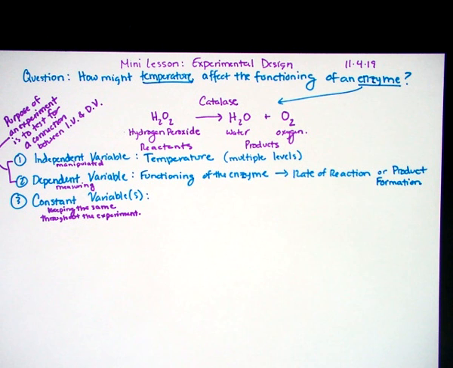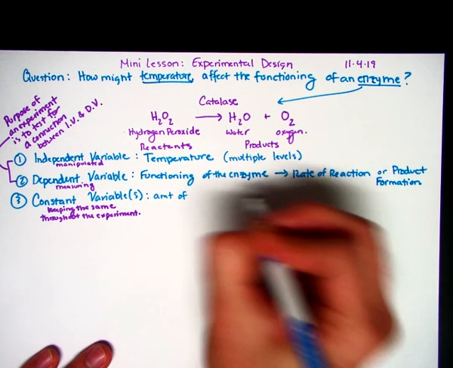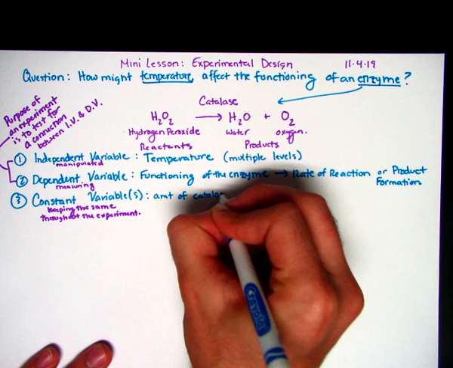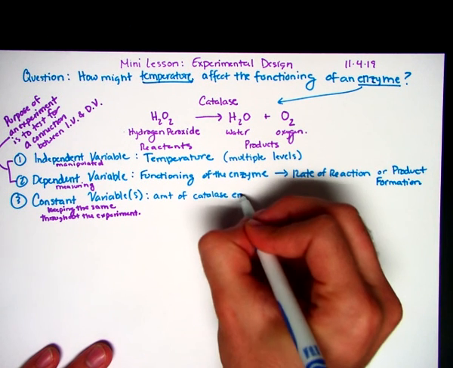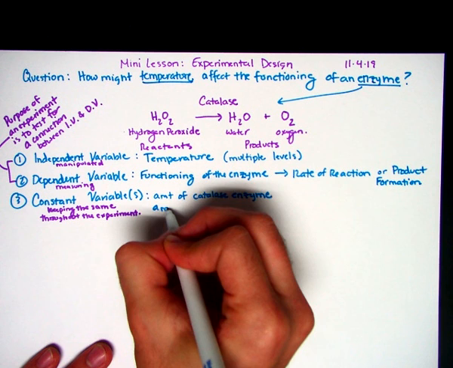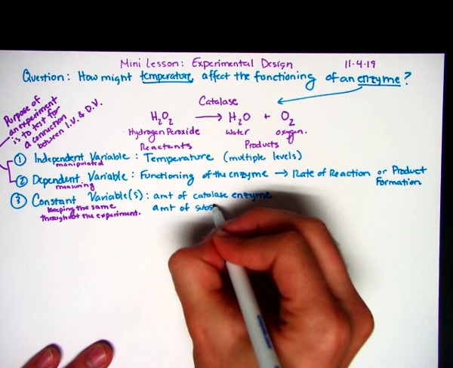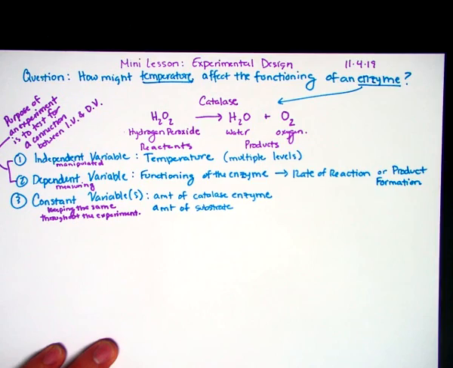Now the things that we're going to want to keep constant so that we can focus on that connection, there's a couple different things. So we want to keep, for example, the amount of catalase enzyme constant. We want to keep the amount of substrate, which, what is the substrate being acted upon by catalase?